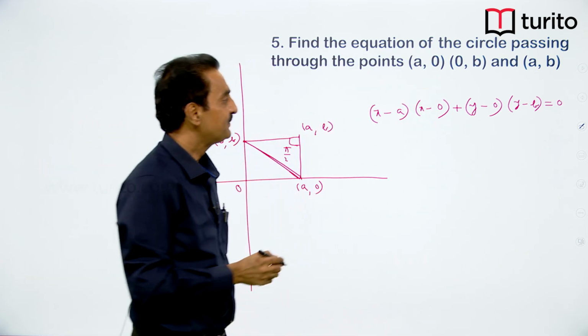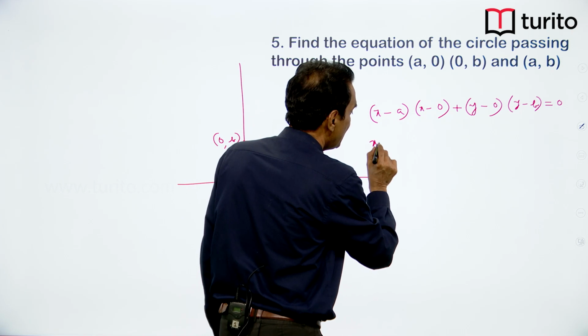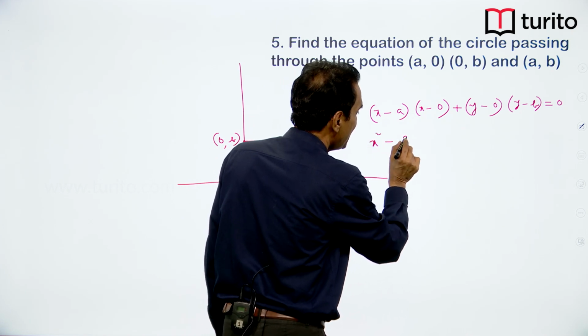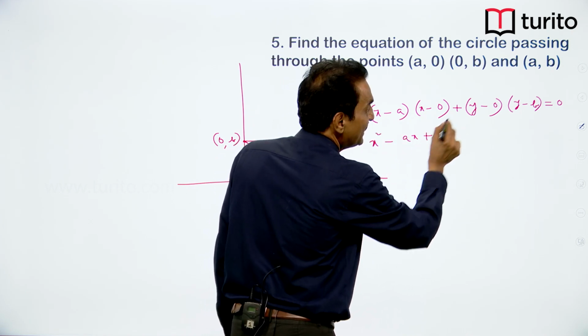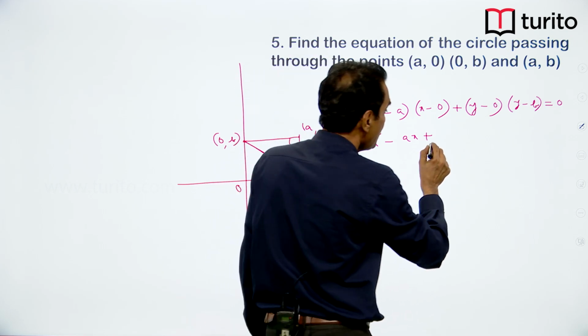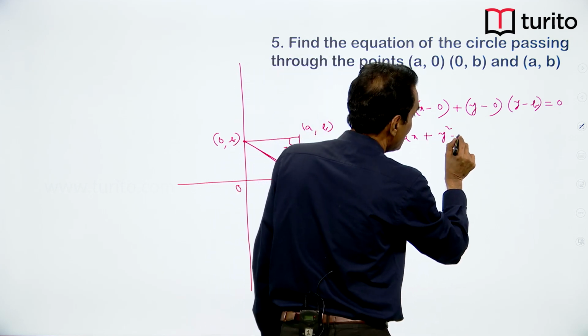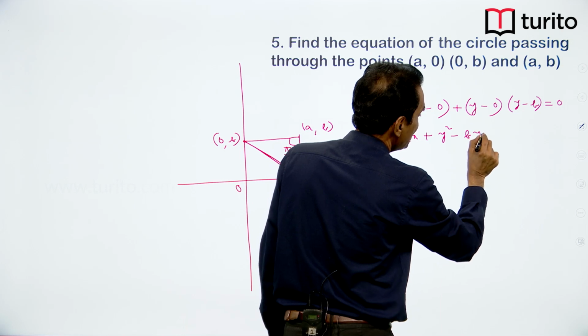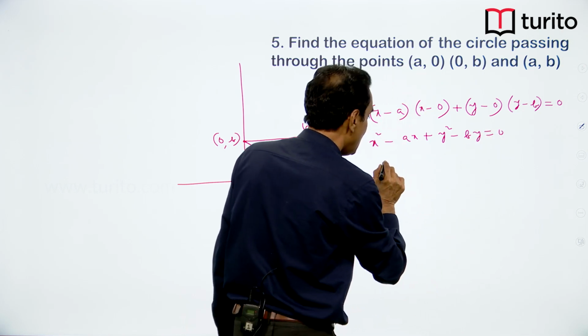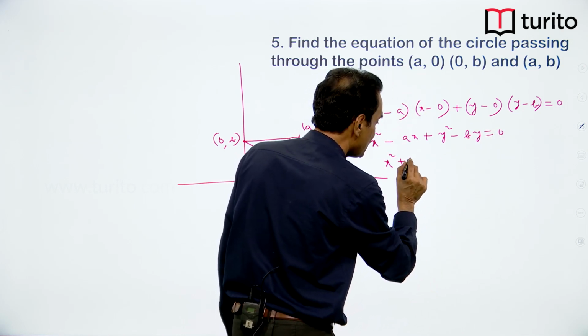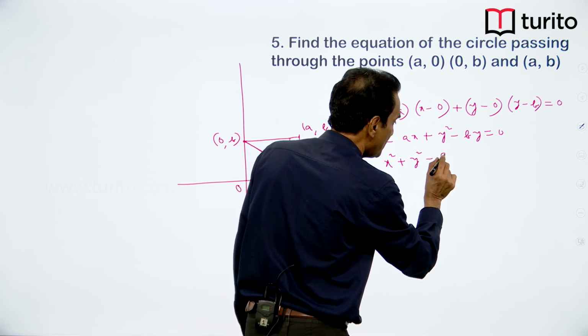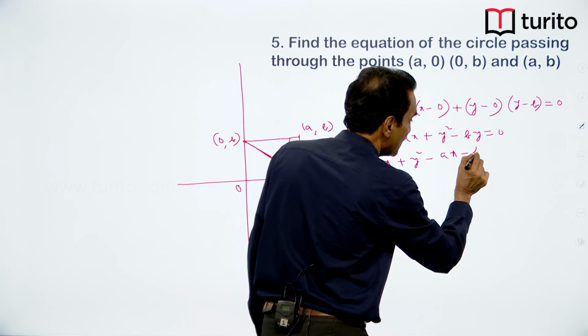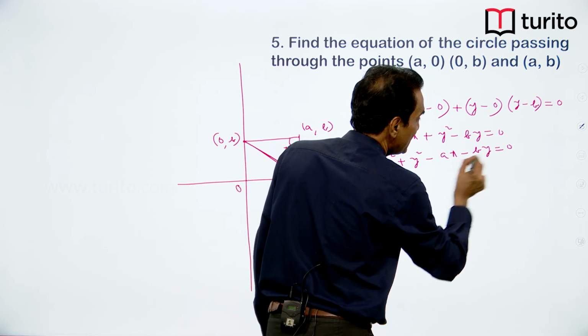Now, simplify it, you will get x square minus ax, plus y square minus by is equal to 0, or x square plus y square minus ax minus by is equal to 0.